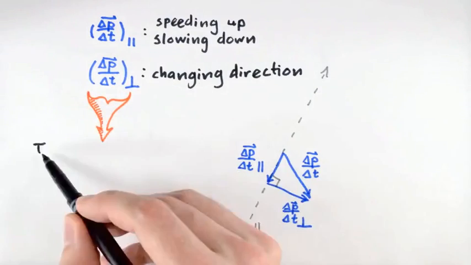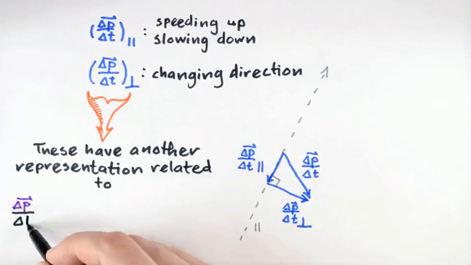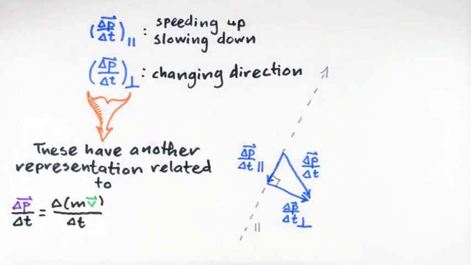We'll now show in a moment how this decomposition can be derived for delta p over delta t. This will be very useful when we link these motion changes to the net force because delta P over delta T is directly related to F net.